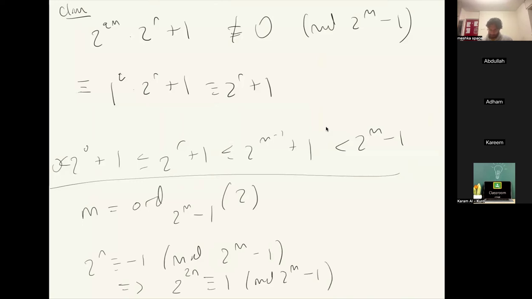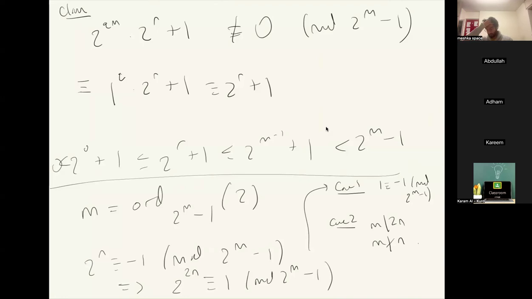So we have two cases. The first case is that 1 is congruent to -1 mod 2^m - 1, or we have m divides 2n but m does not divide n.